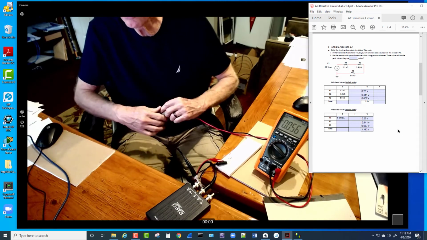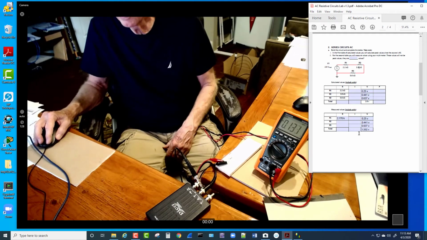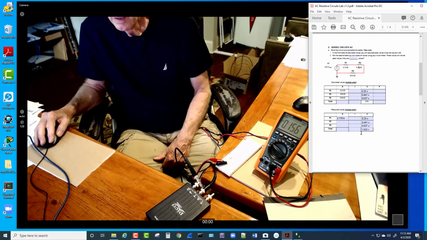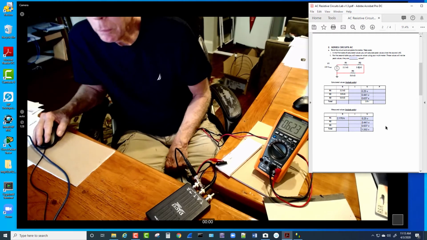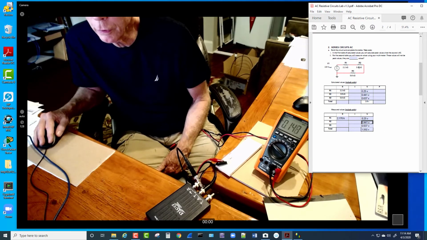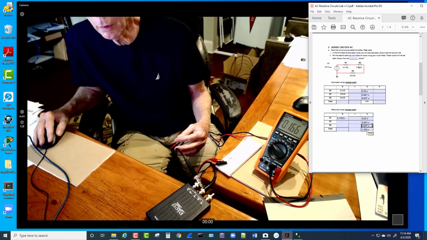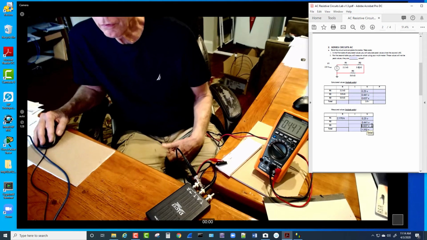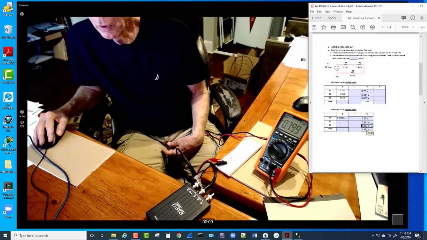Now, the first question has to be, what happened? 1.332 is not equal to 2. One other thing we might want to check is whether 1.332 is equal to the sum of these three. We can kind of eyeball that. Here's a little more than 0.6 and a little more than 0.4. 0.6 and 0.4 is 1, and there's a little change there, so maybe 1.07 or 1.1, I don't know.